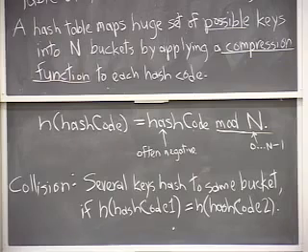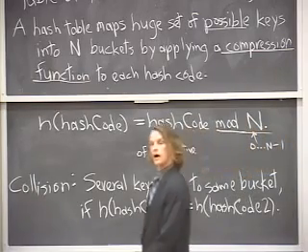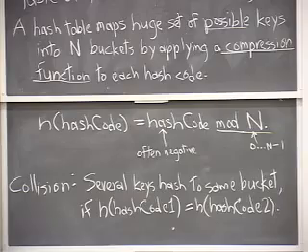And so we're going to spend most of this lecture, and part of the next, figuring out how to deal with collisions, how to reduce the likelihood of their happening, et cetera. Any questions so far? Yes, sir.